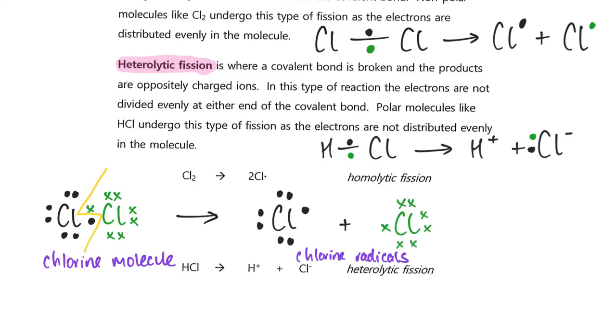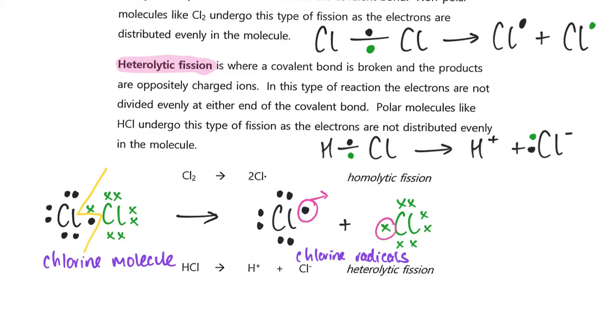So what we produce is two chlorine atoms, which almost look like they have their original electrons back. Each of these atoms will have 7 electrons in their outer shell, but most importantly, what will determine the reactivity of these particles is that they have these unpaired electrons.